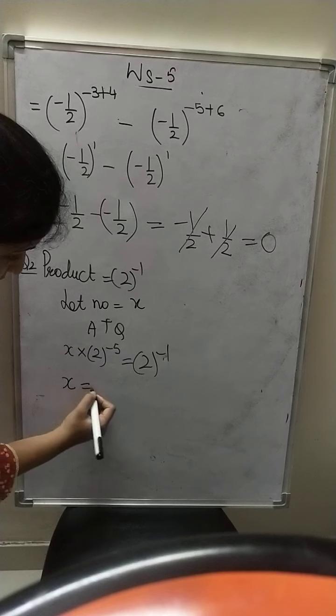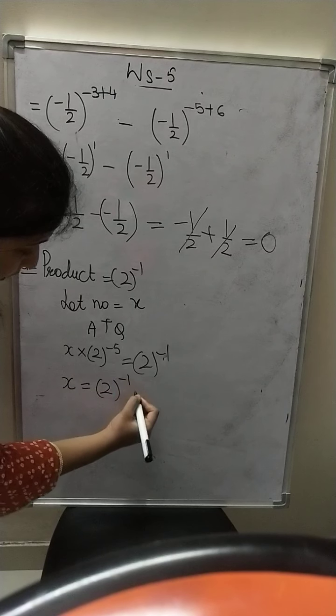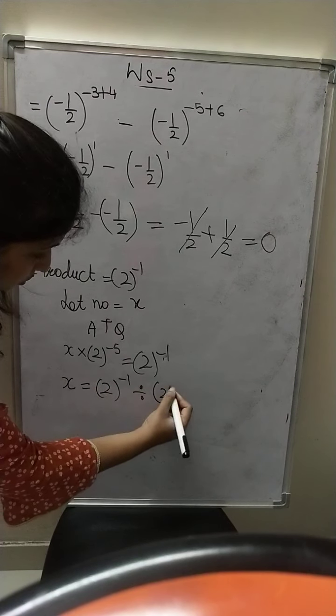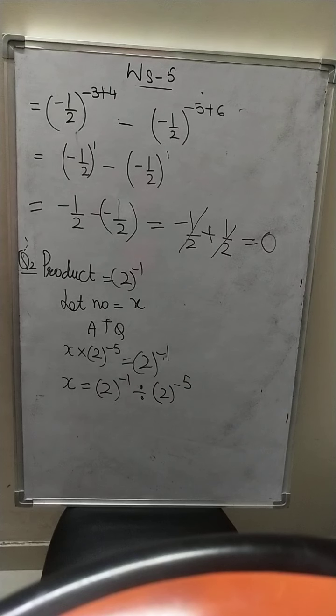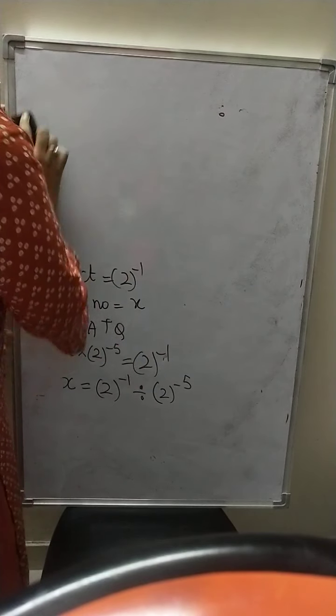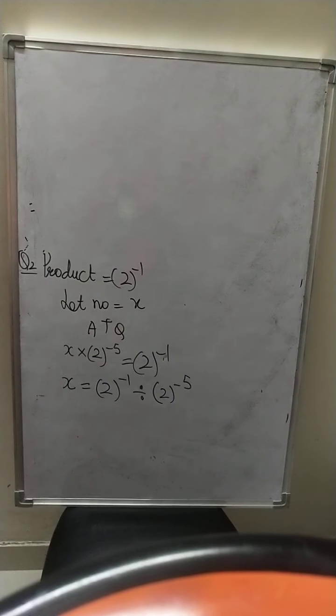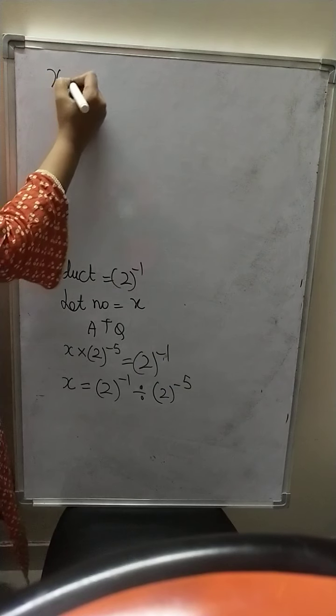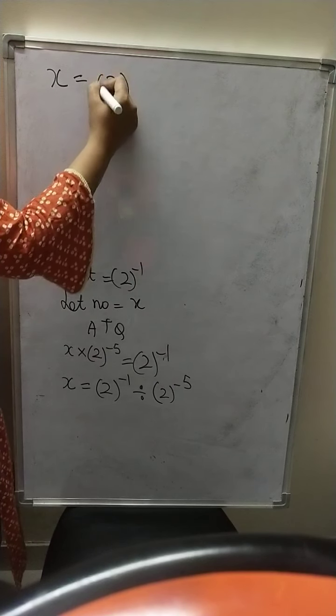So I write x is equal to 2 raised to the power minus 1 divided by 2 raised to the power minus 5. Apart from this we are not making any change right now. We will move to the next step straight away. So now students, in the next step, x is equal to 2 raised to the power minus 1.